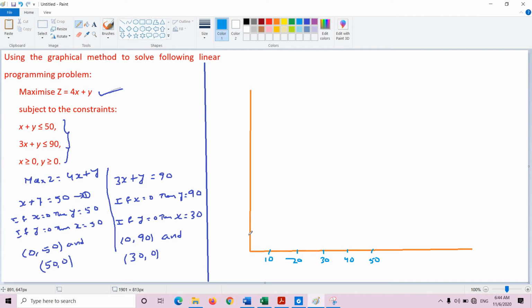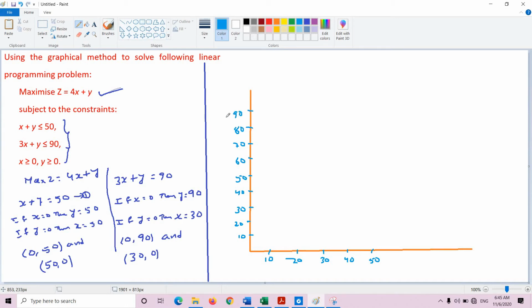On the y-axis you need to go up to 90: 10, 20, 30, 40, 50, 60, 70, 80 and 90.